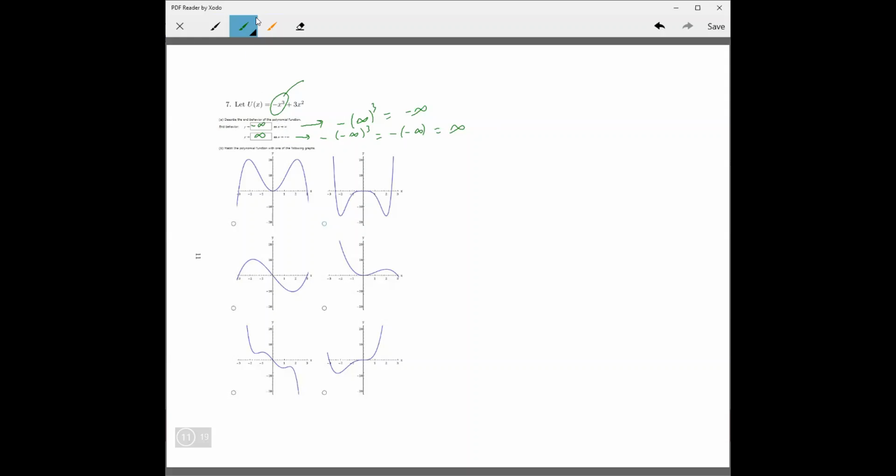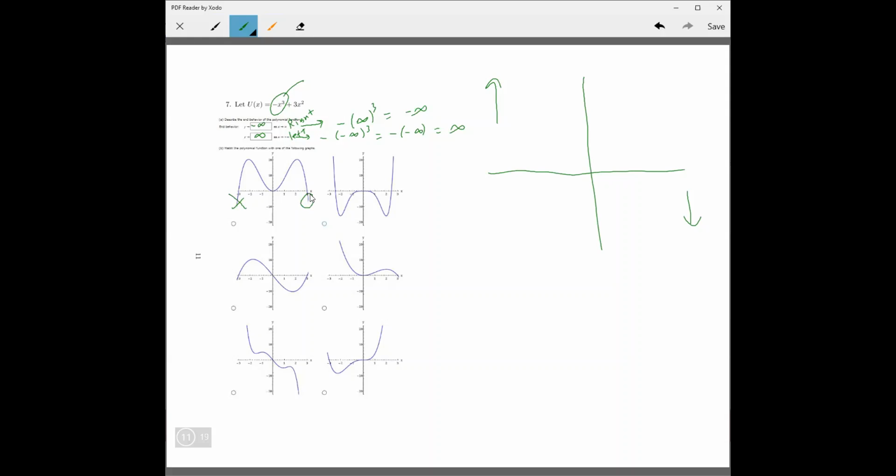Okay, so that means that this is right, and this is left. As you're going to the right, it's going to go down. As you're going to the left, it's going to go up. So this had to be up, so that's wrong.